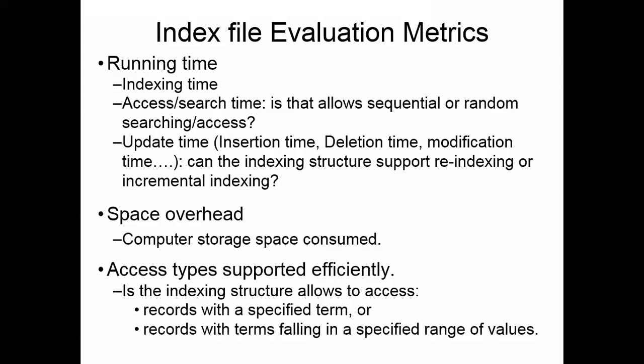Is it possible to access multiple index terms at the same time or only one term at a time? Each record describes one term, or multiple records describe multiple terms. We prefer it if it's possible to access multiple rows, multiple records, or multiple index terms at the same time.